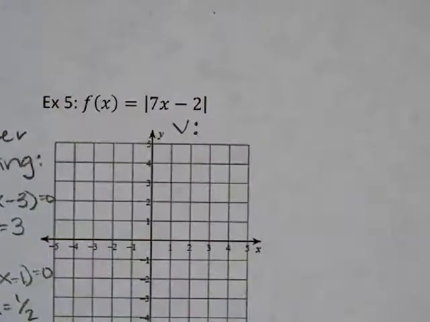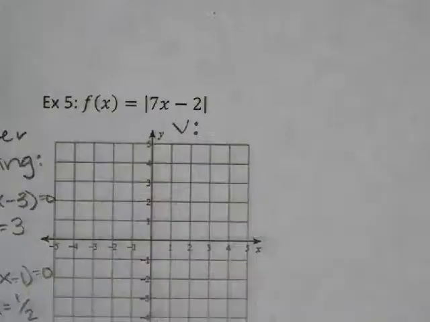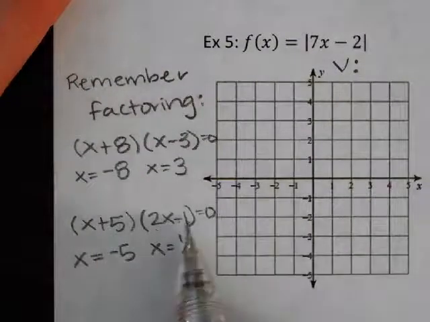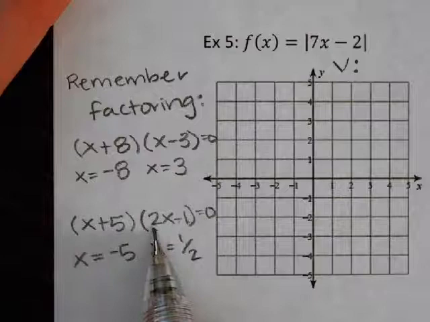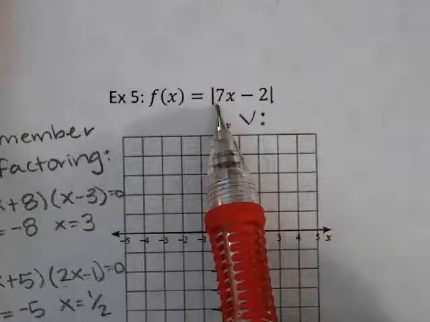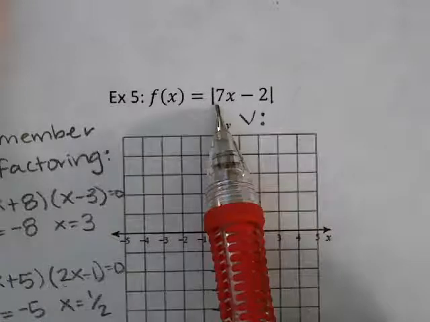And it comes back to that same idea from factoring, where we have the 1 that's being divided by the 2. So here we have the 2 that's being divided by the 7. Does that make sense? So it's an idea you've done before, it's just in a slightly different context. So this x-coordinate of the vertex is 2/7.